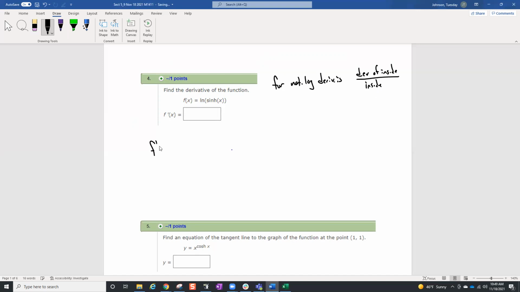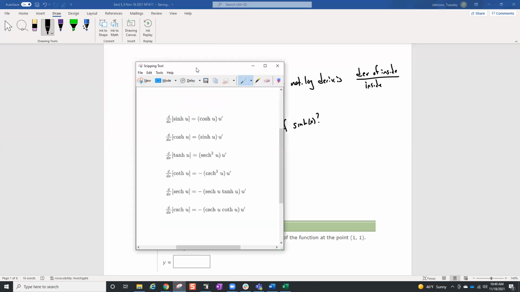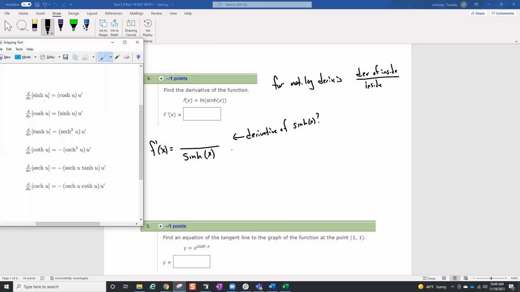So I know that the derivative is going to have a sinh, or hyperbolic sine of x, in the denominator. But then I ask myself, what is the derivative of hyperbolic sine? And I'll bring up my little cheat sheet here. Hyperbolic sine has a derivative of hyperbolic cosine, times the derivative of the inside if it's not just a straight up x.